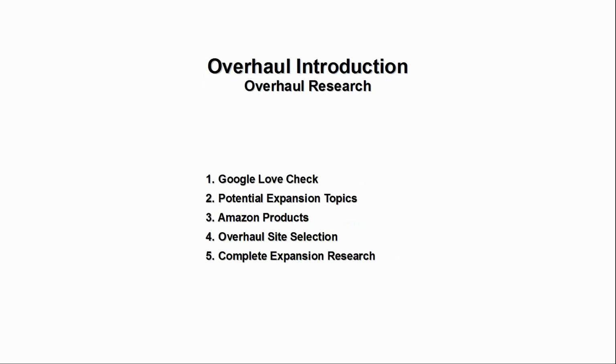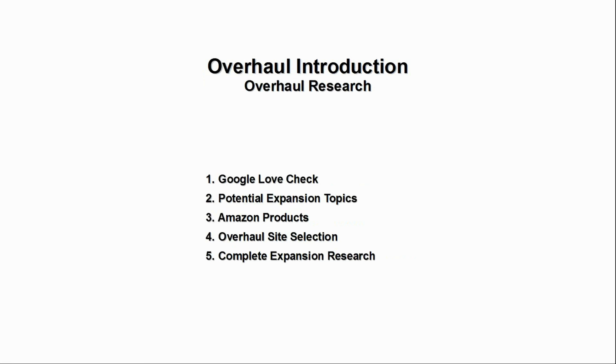Once you can go through and verify the Google Love for your site to make sure that there are topics that you can expand into and Amazon products that you can expand into or revise on your site, you can then actually make a selection on a site to proceed with.